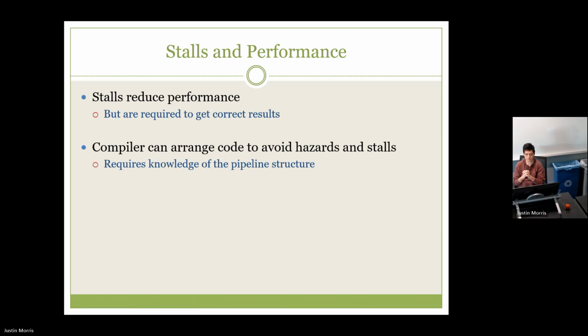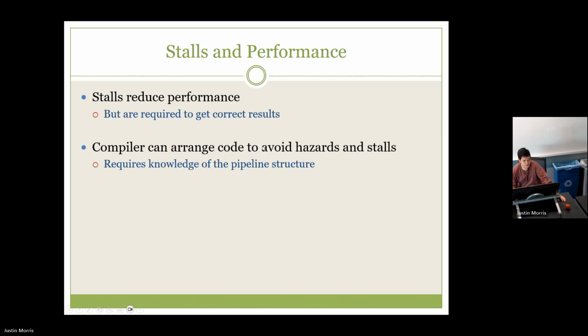Right? But when we have load word, and there's a dependent instruction right after, we require how many stalls? One stall. Okay? Because it's available after memory, which is one stage after execute.